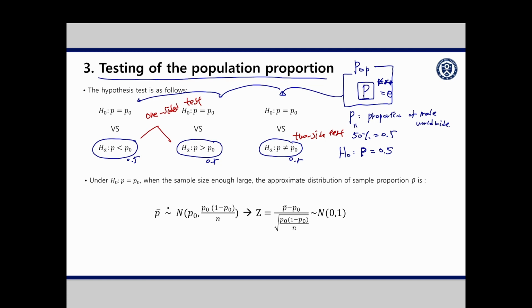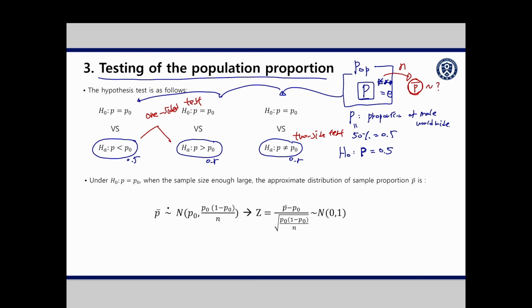To perform this hypothesis test, we extract a sample with size small n, and we examine the sample proportion. What is the distribution? Okay.